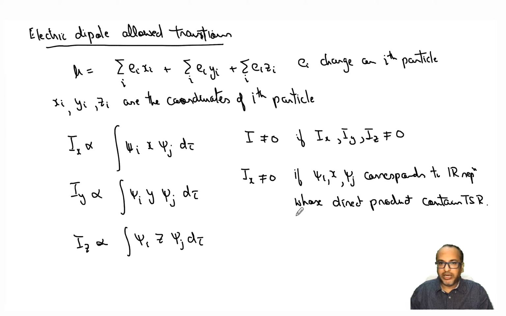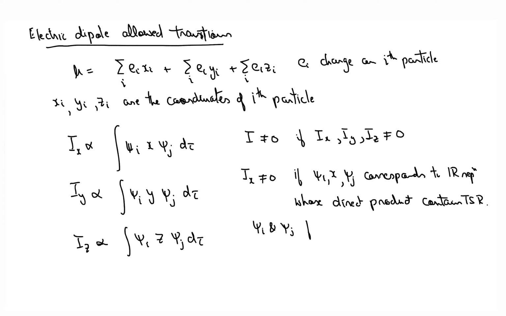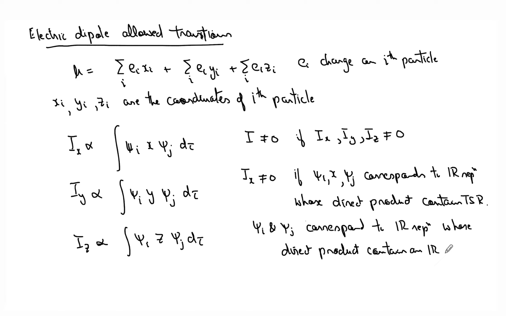So that means we can reduce this condition to: if psi 1 and psi 2 correspond to IR representations whose direct product contains an IR which has x as the basis.